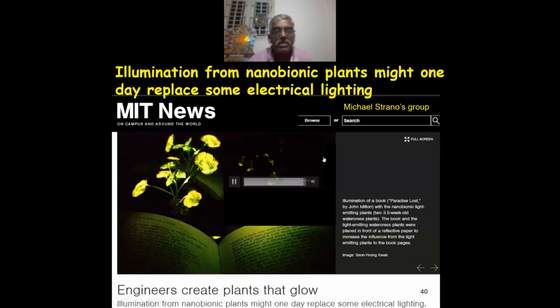This is a very interesting invention which is happening at the Massachusetts Institute of Technology.